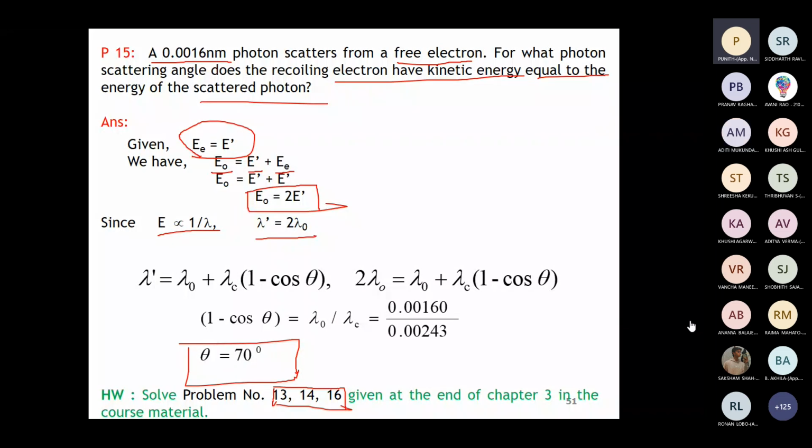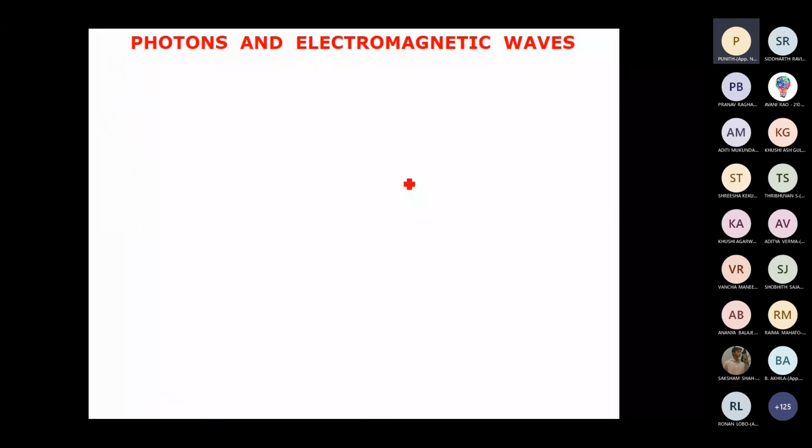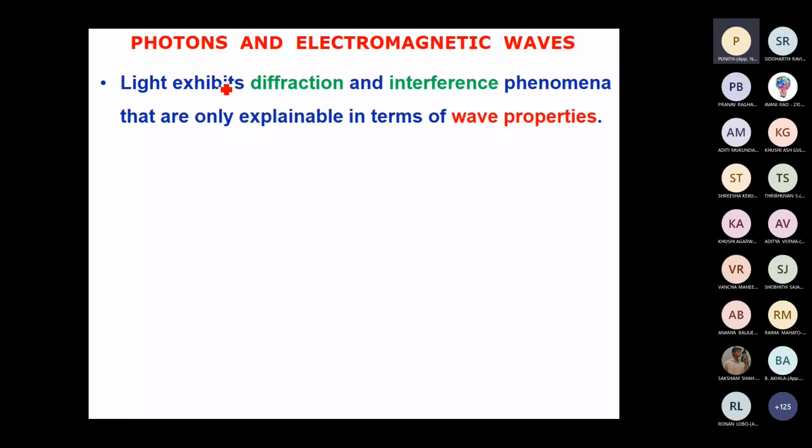So we'll continue with the next part in this chapter, photons and electromagnetic waves. Now you have studied by this time that light exhibits diffraction and interference phenomena, which can be explained if you take the wave picture into account, that is the wave property.